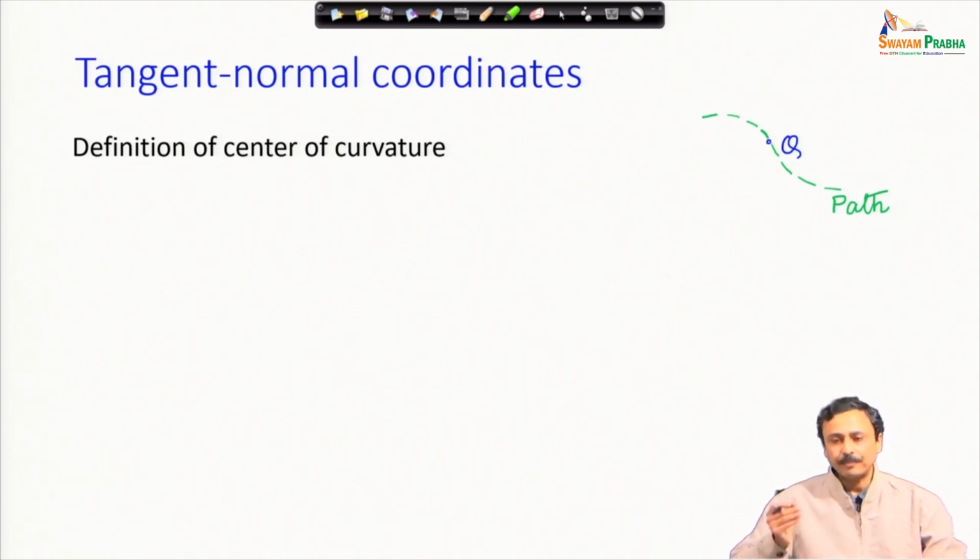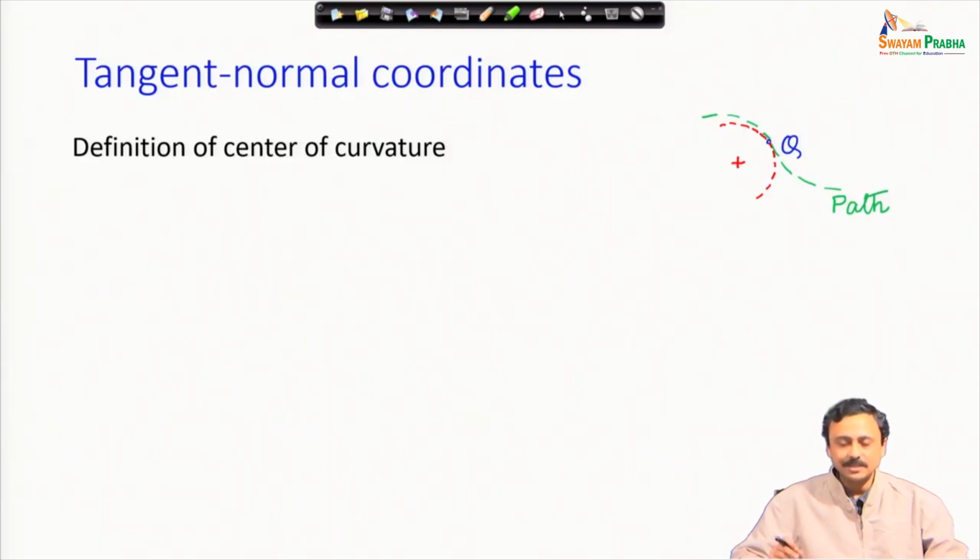You know that I can consider three infinitesimally separated points on this path, and 3 points uniquely define a circle, and the center of the circle defines the center of curvature of the path at that point where I have taken these 3 infinitesimally separated points. Suppose I have found the center of curvature at the point where the particle currently is.